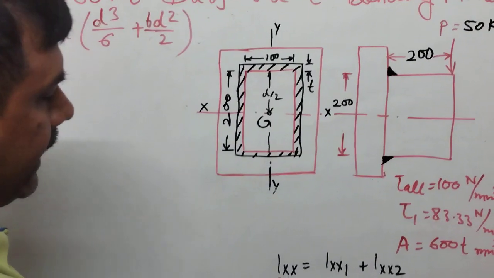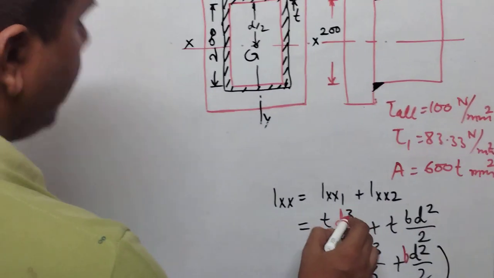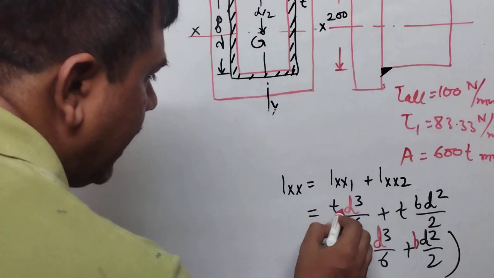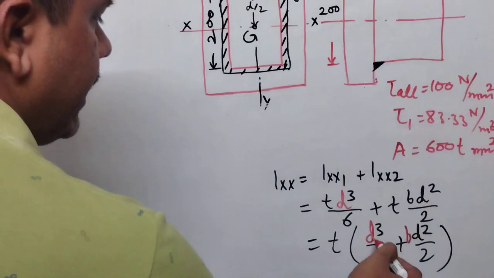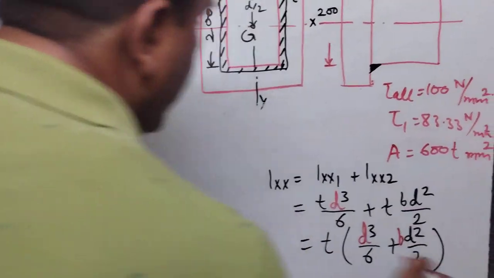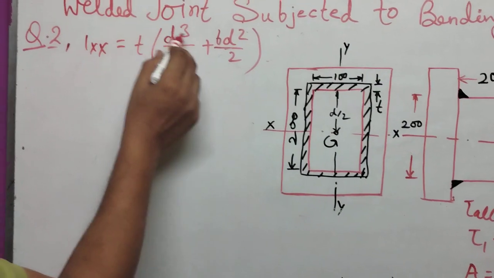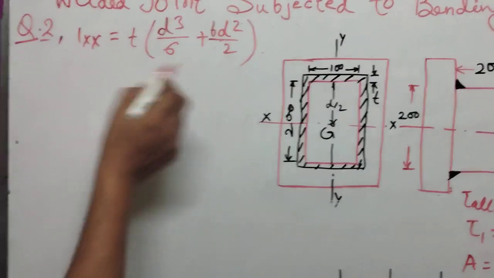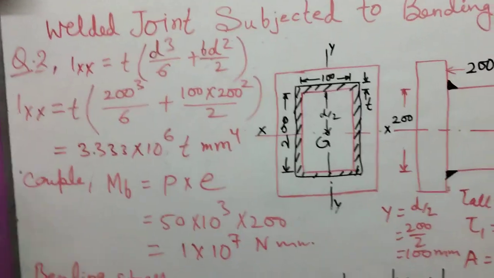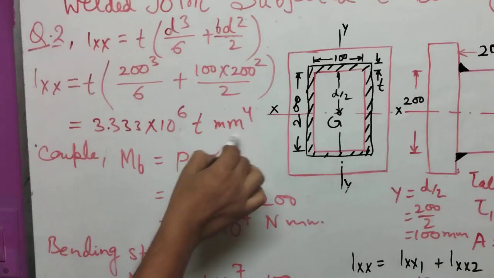In equation form, the total moment of inertia Ixx equals T into (D cube by 6 plus B D square by 2), measured in millimeter to the power 4.